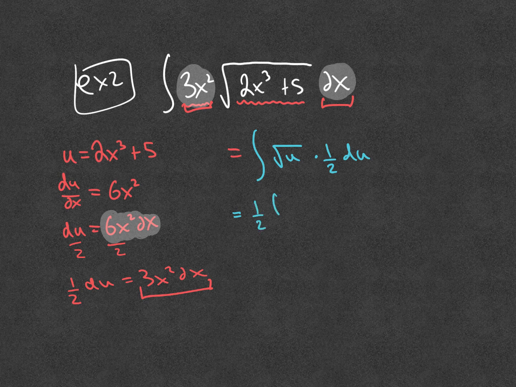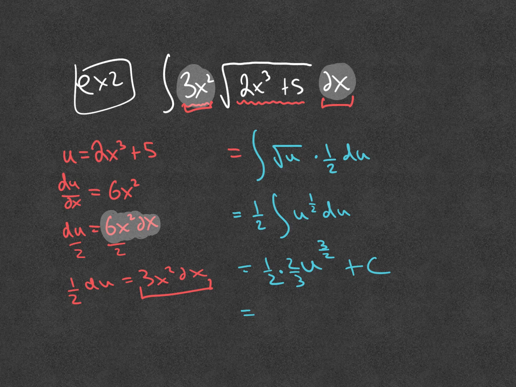So 1/2 integral of u to the 1/2 du. So this will be 1/2, and then I would add 1, so u to the 3/2 divided by 3/2, or times 2/3, plus c.